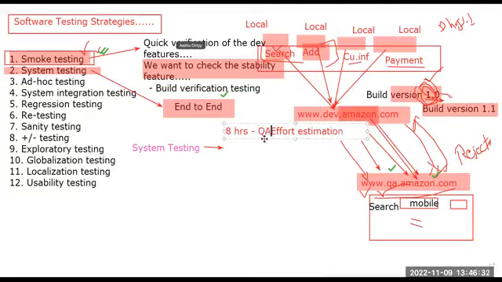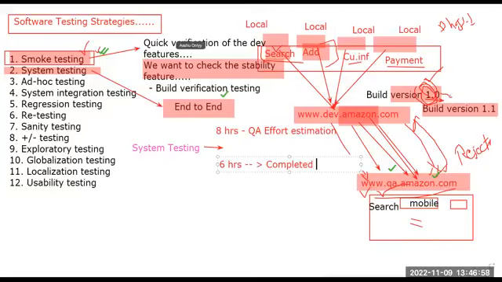Now as a QA, you will start by performing smoke testing, then system testing, where you need to spend 8 hours to complete these two features. Now assume that instead of 8 hours, you spent 6 hours and completed your system testing.